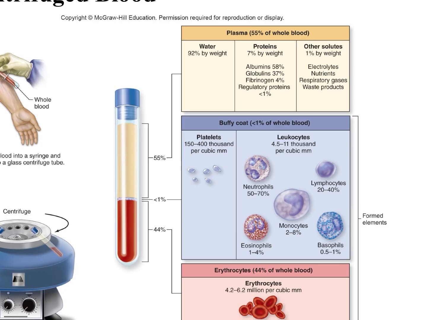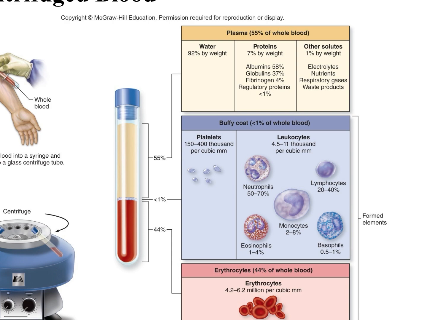And within that 1%, you have 5 different types of white blood cells that you will find in a normal blood sample: neutrophils, lymphocytes, monocytes, eosinophils, and basophils, in that order of relative abundance. So the neutrophils are going to be the most abundant white blood cell you find in a normal blood sample.